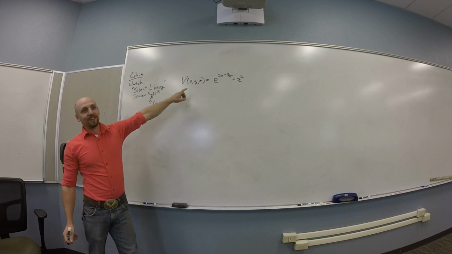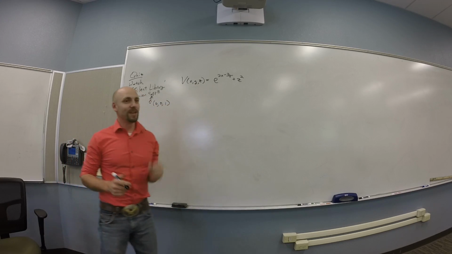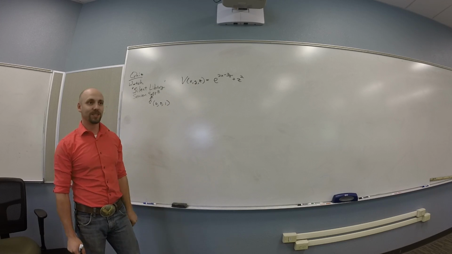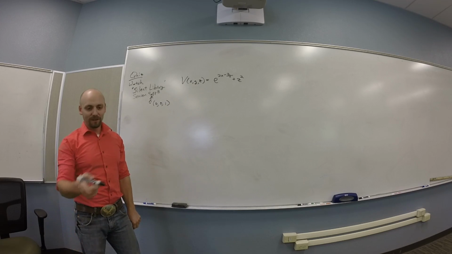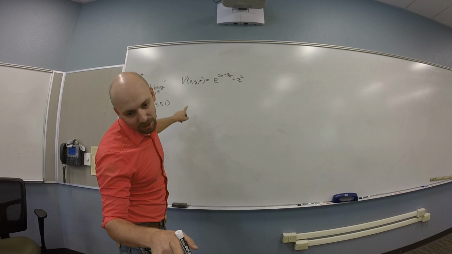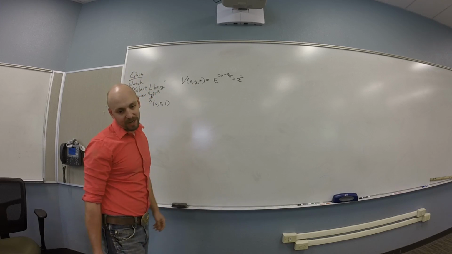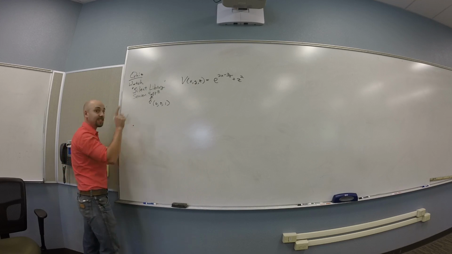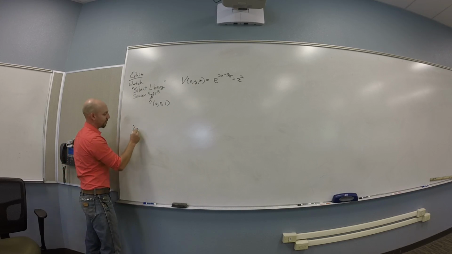Okay. So we have this function, v of x, y, and z is e to the 2x minus 3y plus z squared. And we're standing somewhere and we're asking, what is the directional derivative in the direction of the point 3, 2, 1?